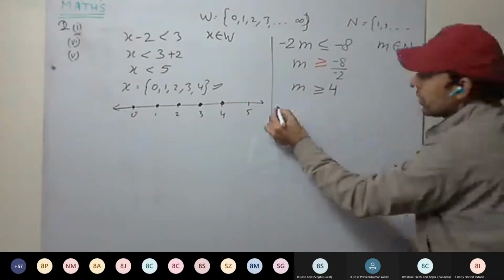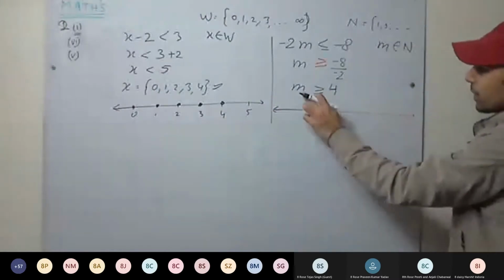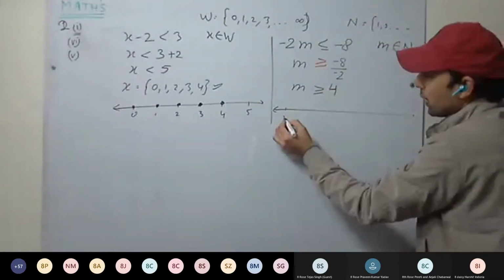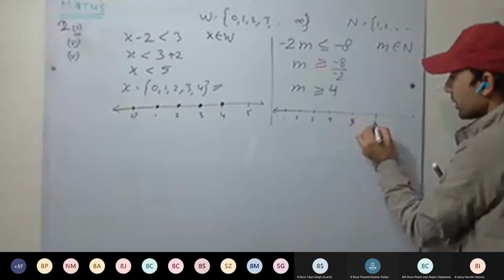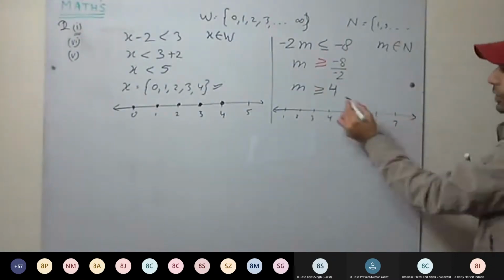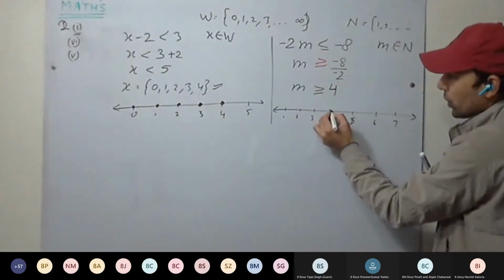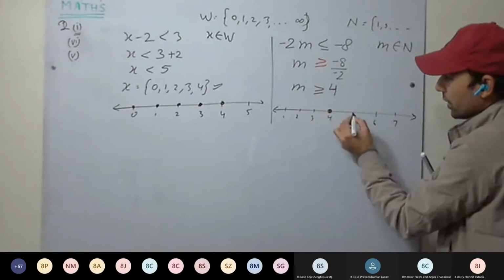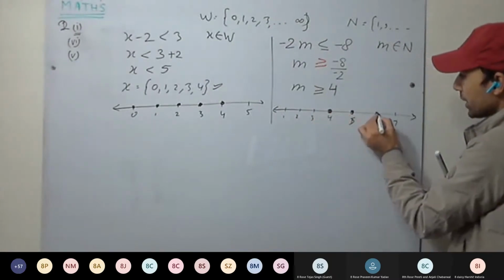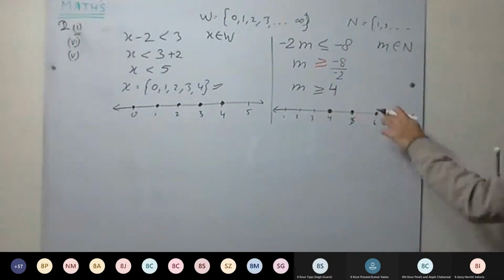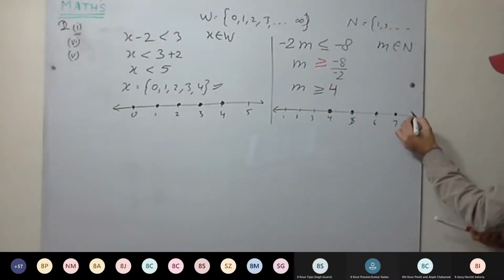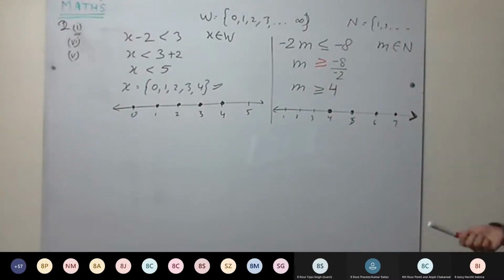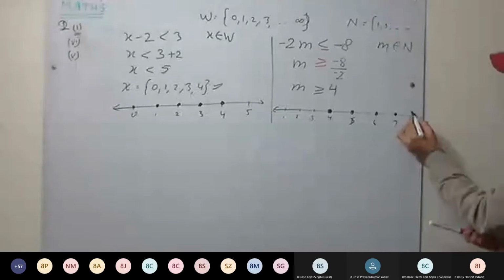So draw the number line: 1, 2, 3, 4, 5, 6, 7. Greater than or equal to 4, so 4 is included, 5 is included, 6, 7, and it will go up to infinity. So bold the arrow. That much.